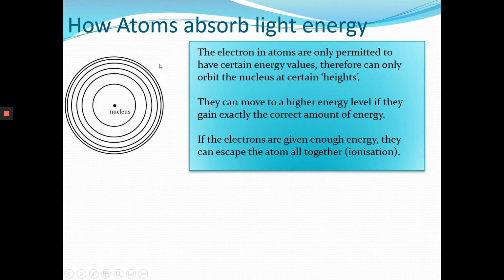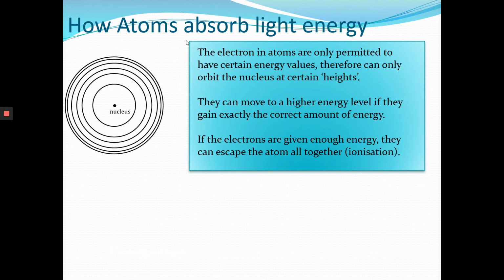An atom has an equal number of protons and electrons. The charges cancel each other out, so the atom is neutral. If an electron leaves the atom, there will obviously be more protons than electrons, therefore there'll be an overall charge. We call it an ion.